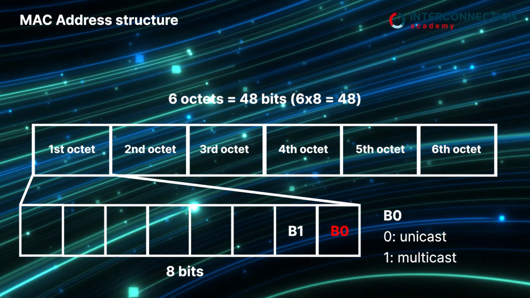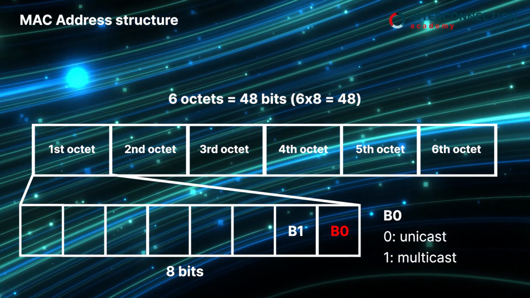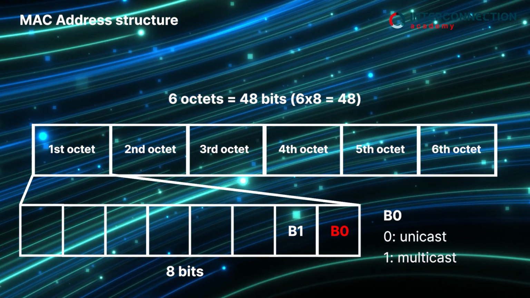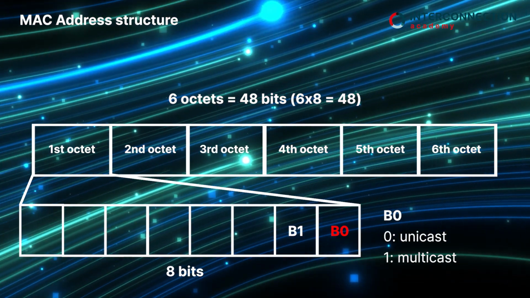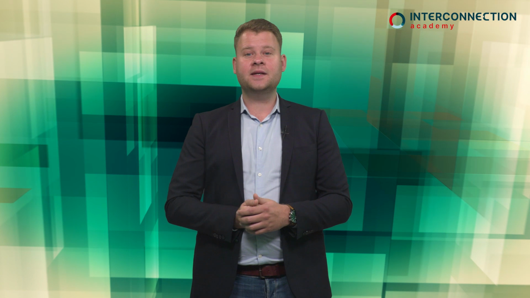Unicast denotes that only one station is the intended receiver, while multicast indicates that multiple stations should receive this Ethernet frame. Additionally, there exists a special multicast address known as the broadcast address, which ensures the frame is received by all nodes on an Ethernet network. We will delve into this topic further in an upcoming session.